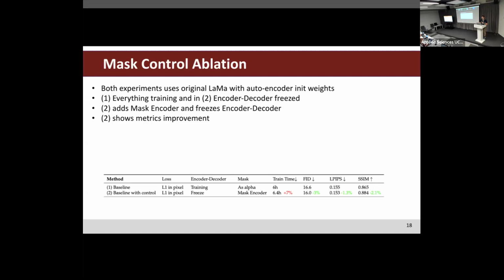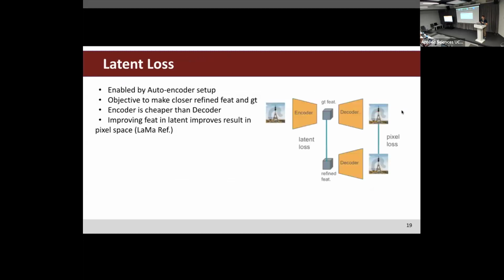And the next component is latent learning, inspired by Llama Refiner and latent diffusion. We want to optimize or apply losses directly in latent space, which is smaller than pixel space and contains all meaningful semantic level information. And our target is to move our ground truth information to the latent space, so it can be directly compared with refined features.